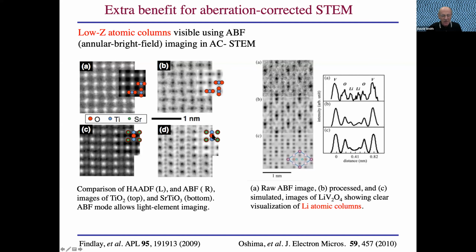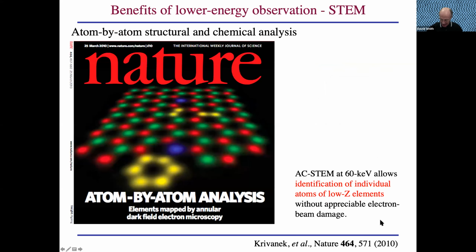You can see the oxygen atomic columns in the strontium titanate. And moreover, the next year, Oshima and colleagues were able to image individual lithium atomic columns using annular bright field imaging. So this is interesting, a little bit of the who came first or whatever, but the important message for us is that we can get visibility of low Z atomic columns in both TEM and STEM, in the company of higher Z atoms.